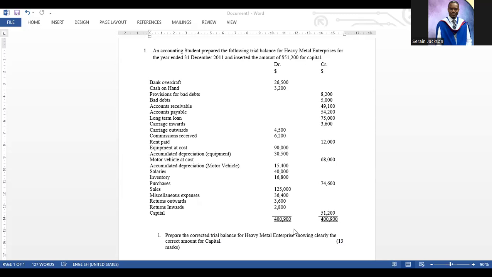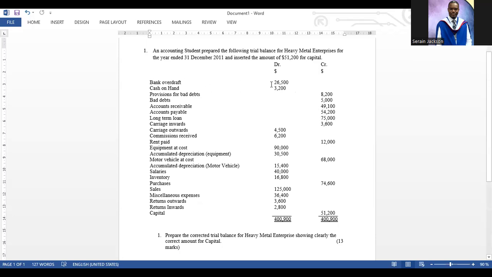So you see now where it becomes important for you to know what accounts are debited and what accounts are credited in the trial balance. So let us look at this now and let us try and correct this.